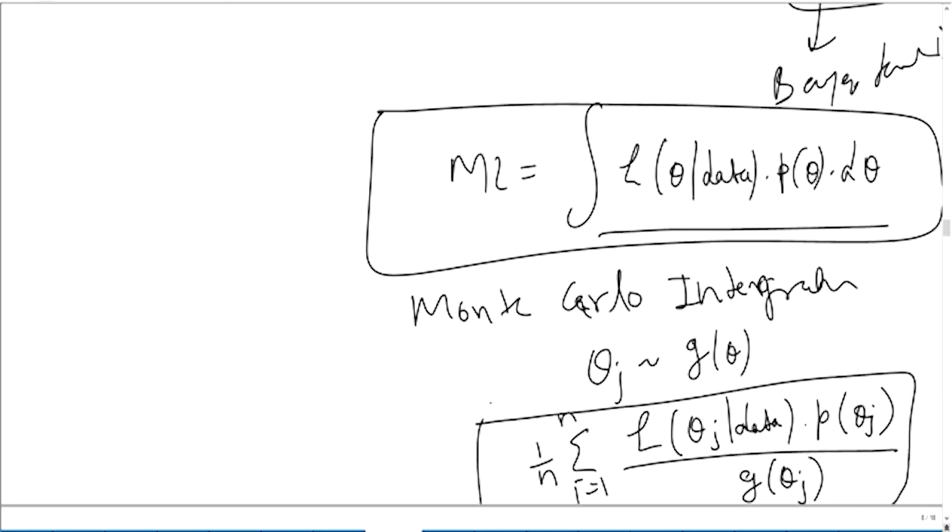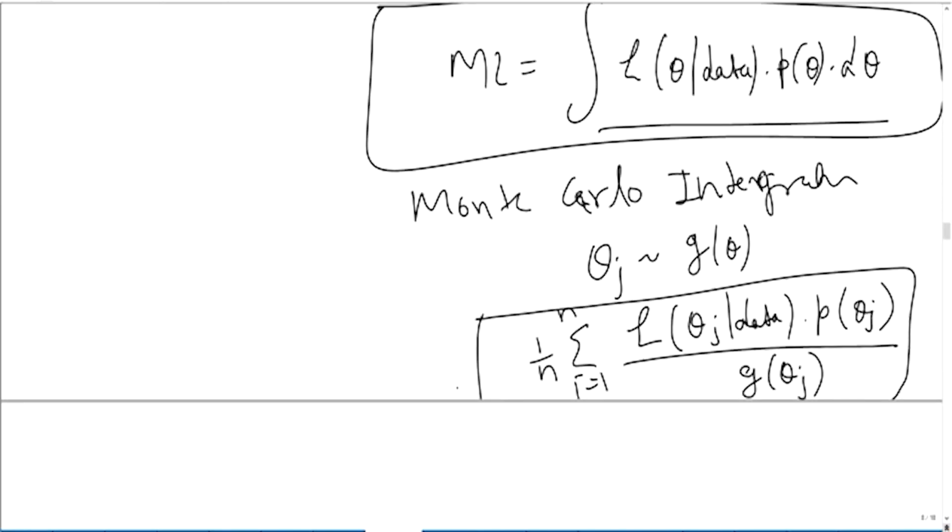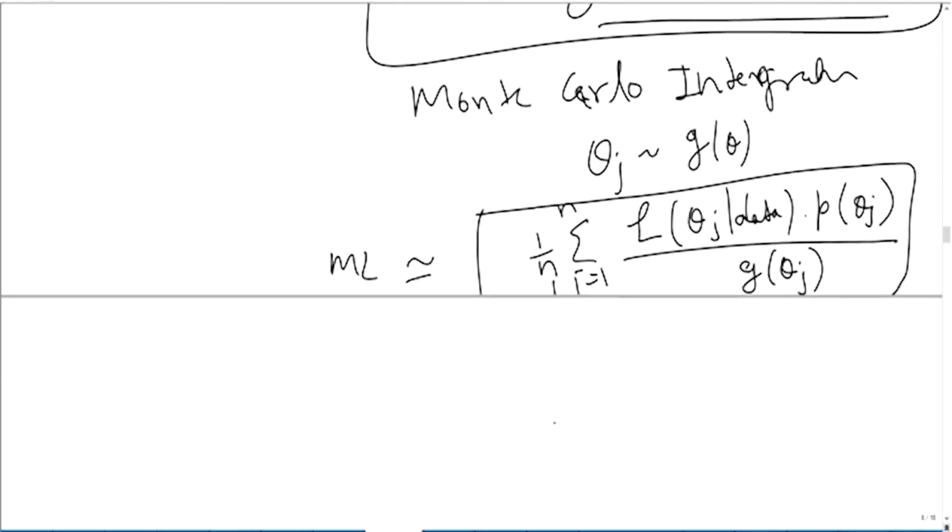Basically it is the average of likelihood times prior divided by this importance density, such that all these samples are coming from the importance density. This would give a reasonable approximation of the marginal likelihood if n is large enough. That is the idea, so you can use this to approximate the marginal likelihood.